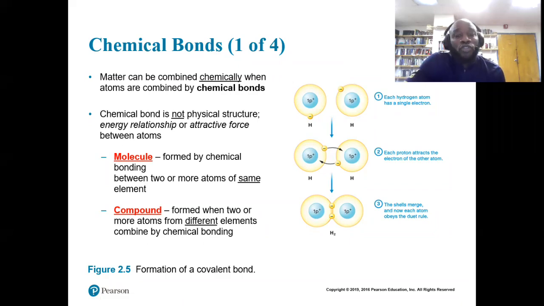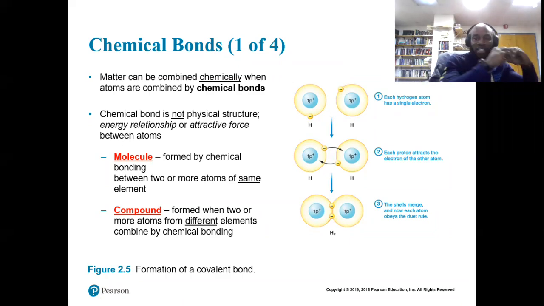So oxygen, when it floats around in the air, doesn't float around as a single oxygen atom, the smallest unit of matter. It actually floats around as two oxygen atoms bound together. So the air that we breathe is actually O2. It's not just O, it's O2, two atoms of oxygen bound together. And that's what we breathe in.